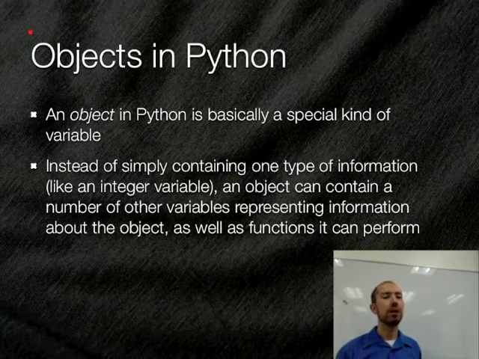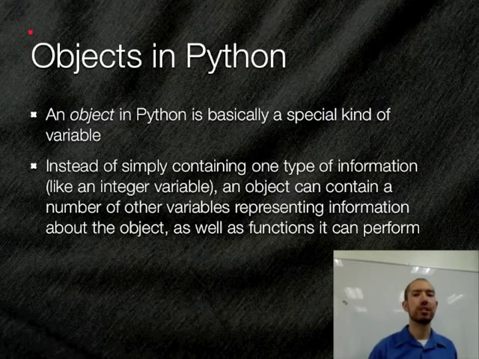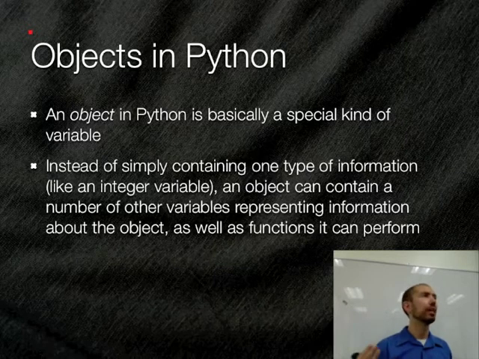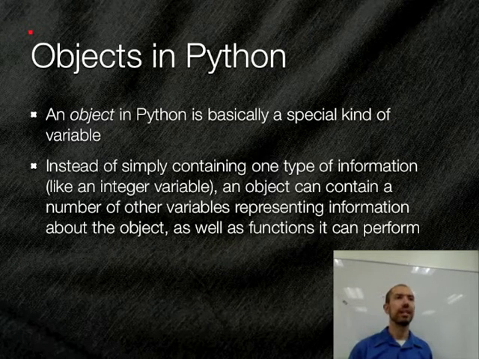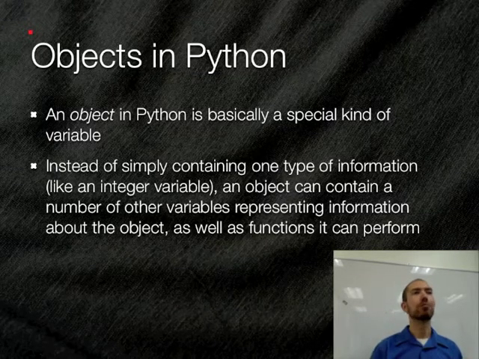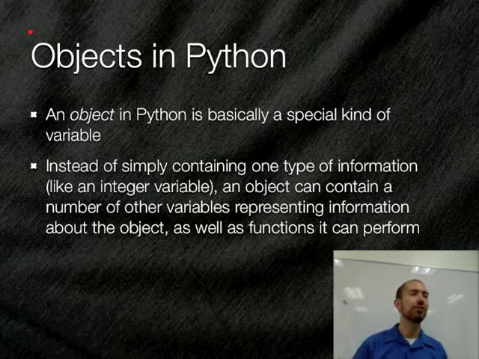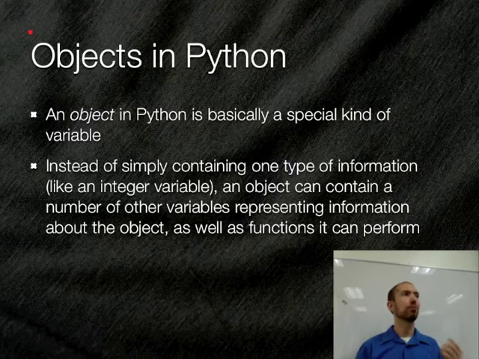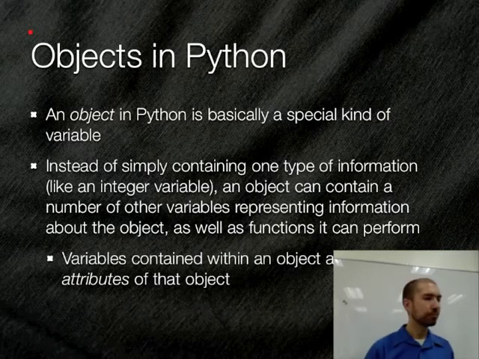But an object variable is different because it doesn't usually contain just one type of information, it contains a bunch of other variables representing information about the object and what it can do, right? So like the coffee cup object, right? A coffee cup object might consist of a decimal value saying what percent full the coffee cup is. It might contain a Boolean value saying whether or not the cup's contents are well mixed or whether it's full or empty and so forth, right? And then it might be able to do a number of things as well.